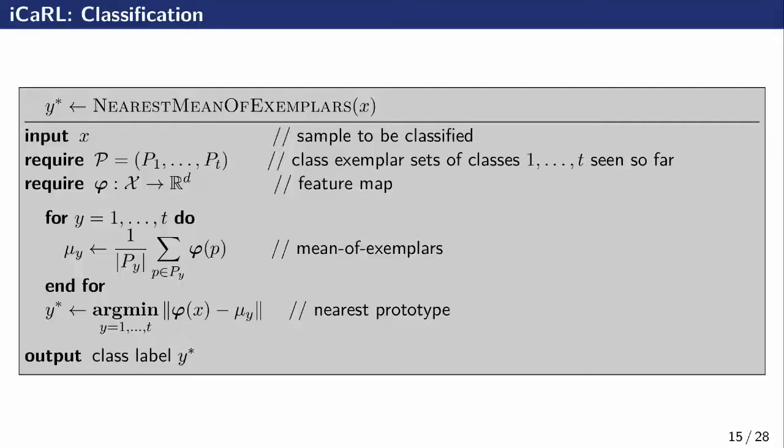You compute for each class a prototype, which is the same as the nearest class mean, except it's only the average over all exemplars that we stored instead of over all training examples. And then you use the same rule as before. The image is classified as the class of the prototype that is closest to the current feature representation. And clearly, when the feature representation changes, you have to recompute this mean of exemplars, but you don't need all training data anymore. You only need your prototypes. So this is the same distance-based classification rule.